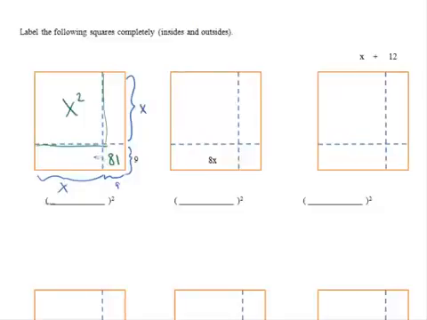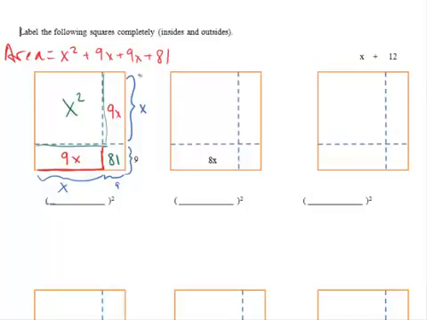And when we have this rectangular shape down here, because it has a length of x and a height of 9, it's 9x. And this one is symmetrical, so it's also 9x. So the area of this entire square could be given as x squared plus 9x plus 9x plus 81, just by looking at the different pieces.